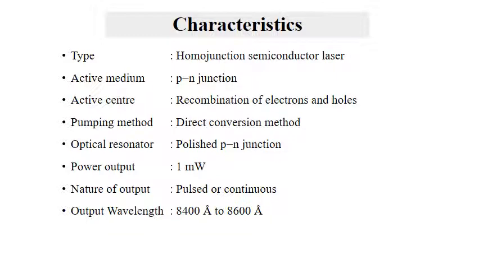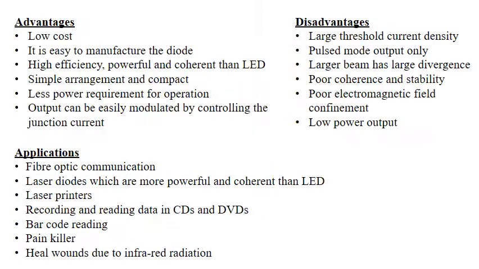Characteristics of a homojunction laser. The type is homojunction, active medium is the PN junction, active center is the recombination of electrons and holes, pumping method is direct conversion method, optical resonator is a polished PN junction, the output power is 1 milliwatt, nature of output can be pulsed or continuous, and the output wavelength is between 8400 Angstrom units to 8600 Angstrom units.